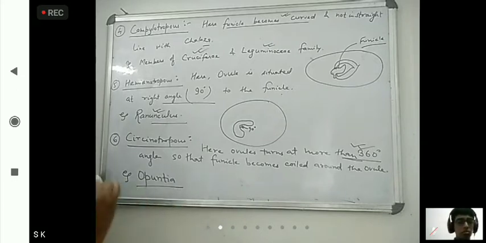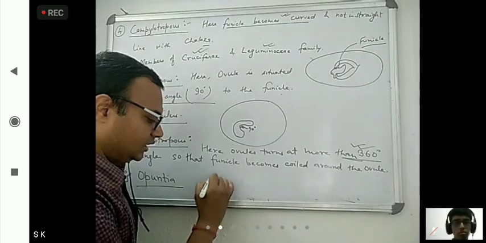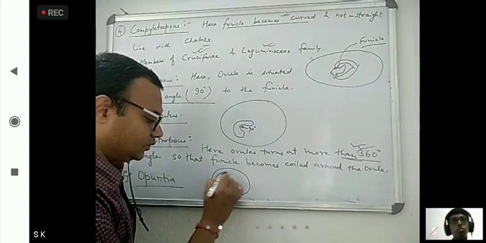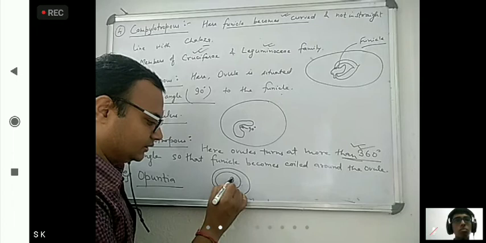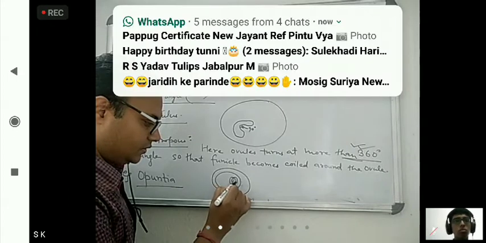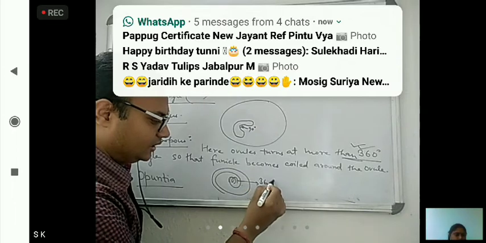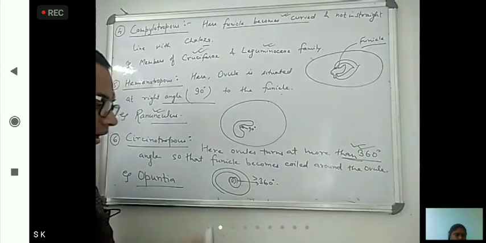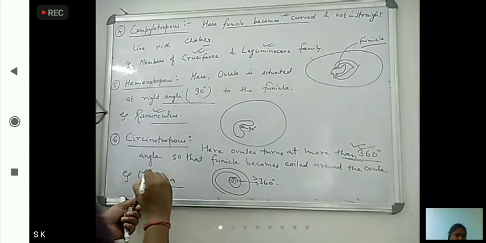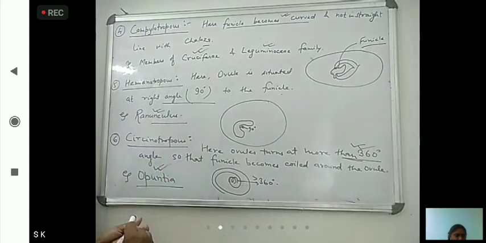it is found in opuntia. Here what happens, complete roundup is there, more than 360-degree angle. An example you have to remember, this is opuntia.